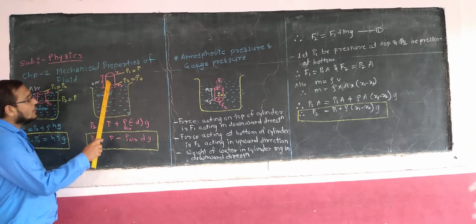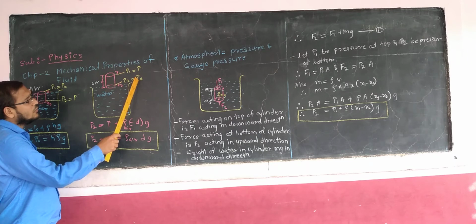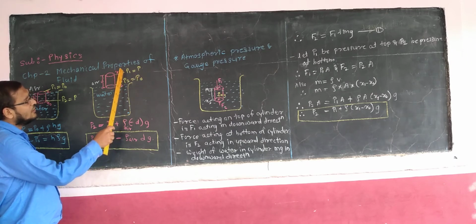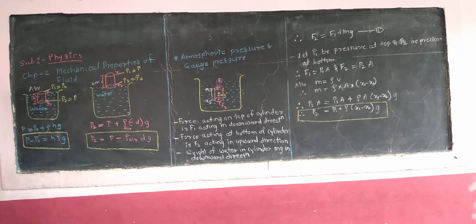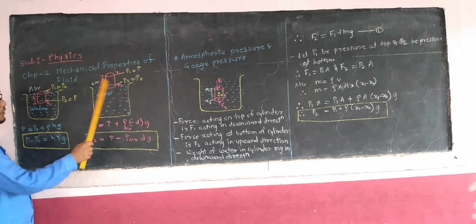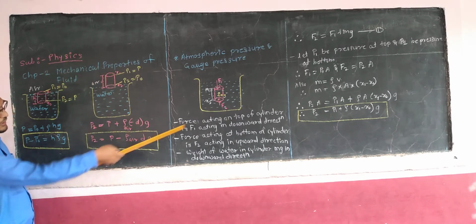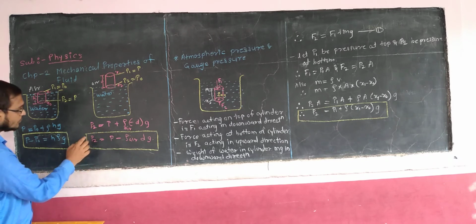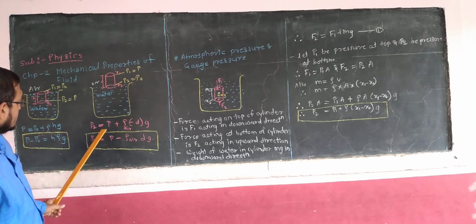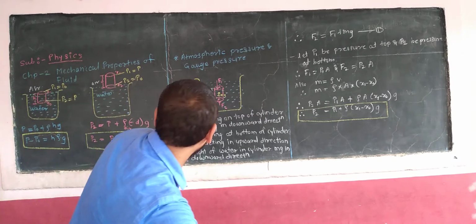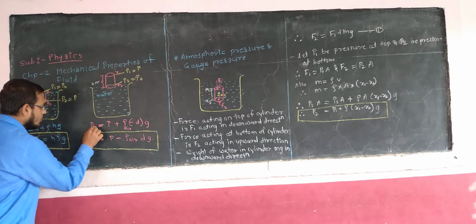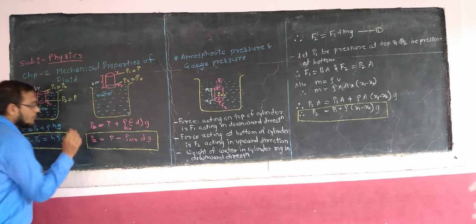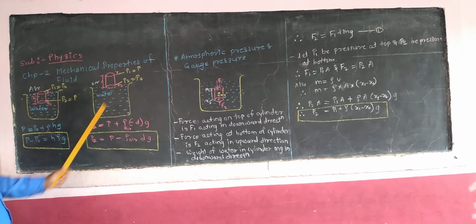So the pressure at the lower part is P0, and the pressure P1 is equal to P, the air pressure. If you put this in that equation, what we get? P2, that is nothing but P0.